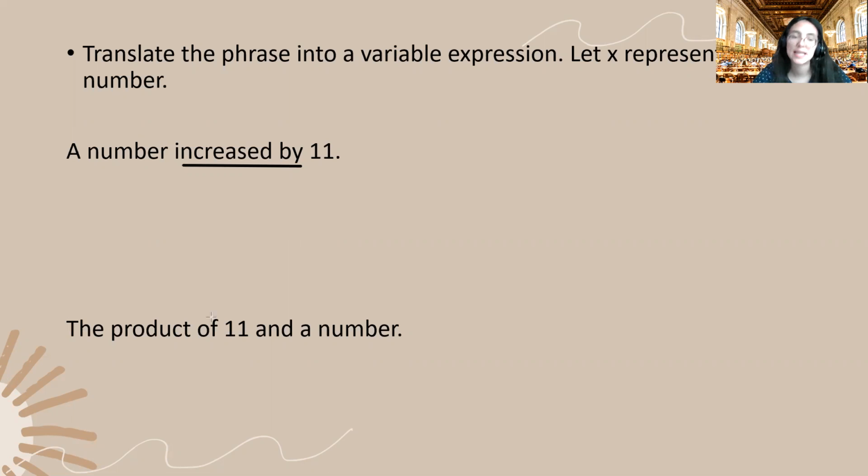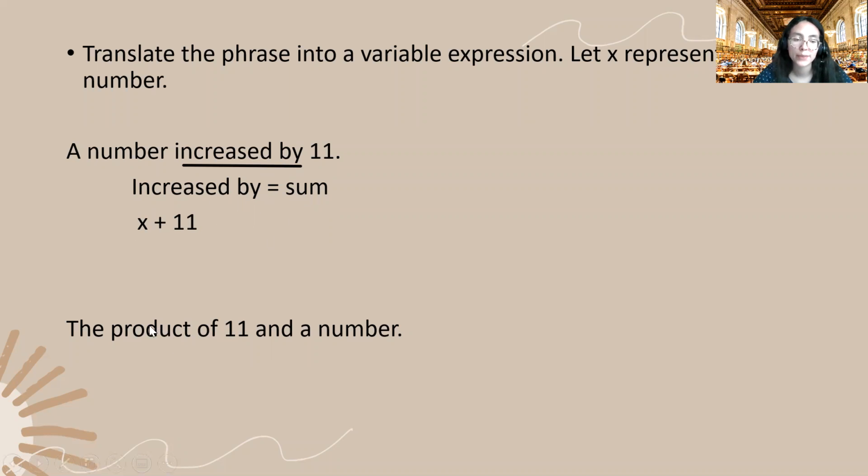I don't see an is, and I'm also told in my directions that I actually have a variable expression. So this is not going to be an equation. Okay, so a number increased by 11. Increased by means sum or addition. So this would be x plus 11 or 11 plus x.